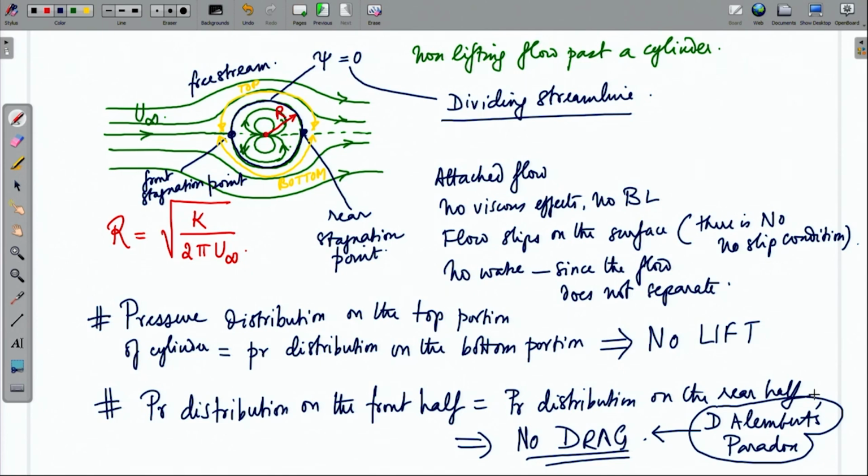There is a difference between the two, there is an anomaly between the two, that is what is referred to as D'Alembert's paradox, because all real experiments, all real computations predict non-zero drag. That is the reality. So, this is a theory which has some assumptions, some approximations, and by virtue of that we find that there is no drag.